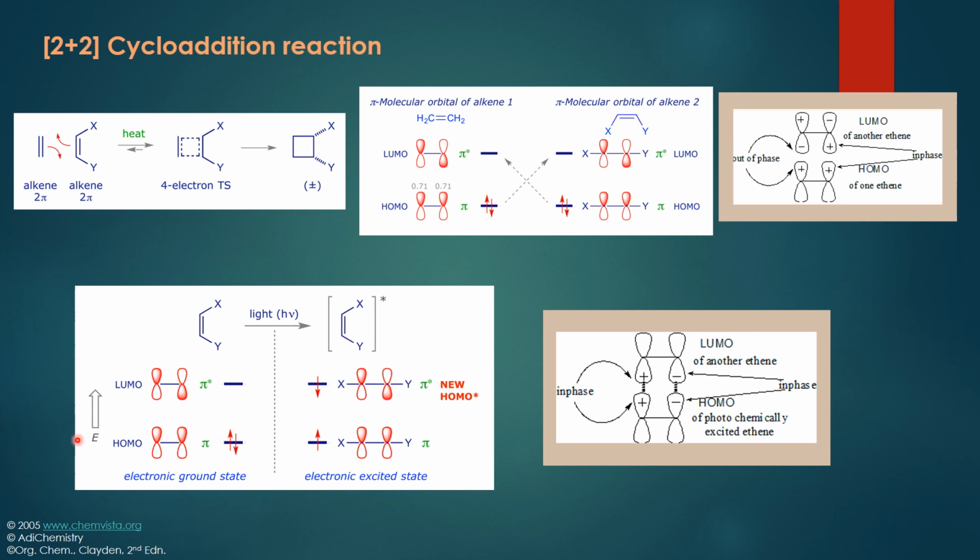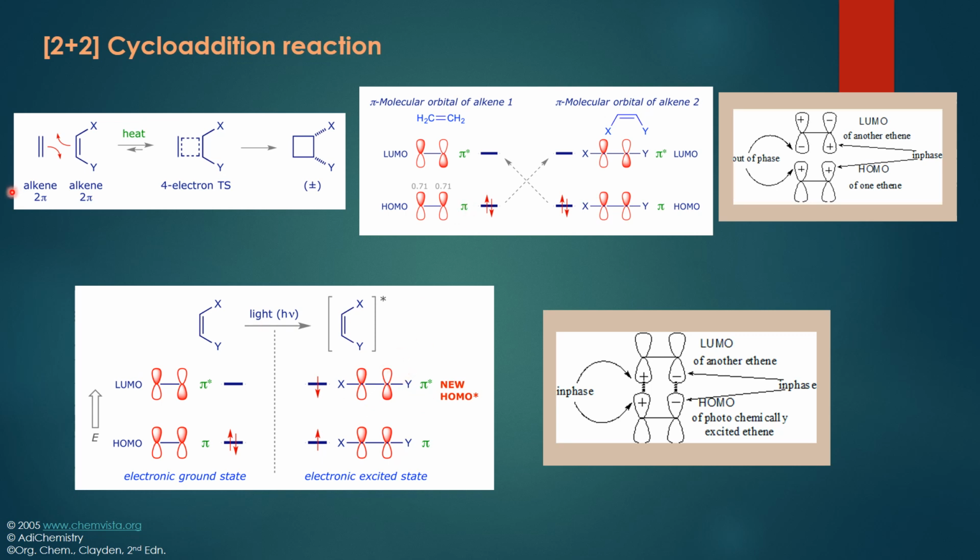Earlier for this alkene the HOMO was pi, and after the excitation the new HOMO is the pi star. So under photochemical condition, the simple alkene component has HOMO pi, and the substituted alkene has HOMO pi star.